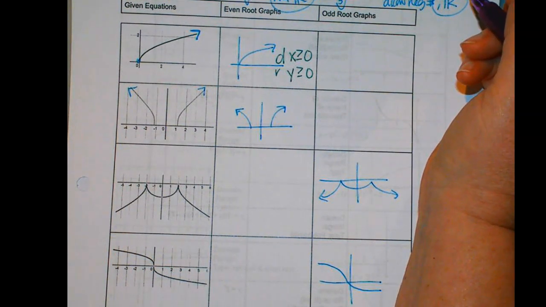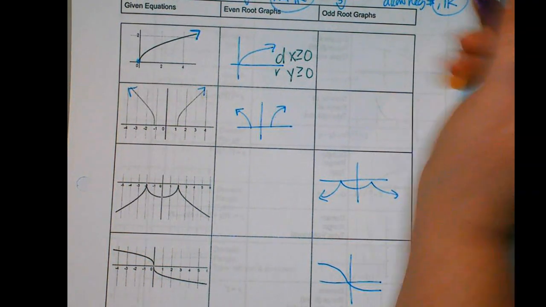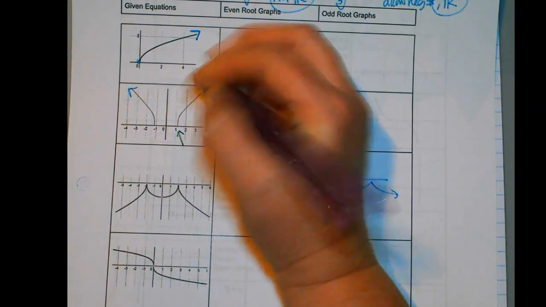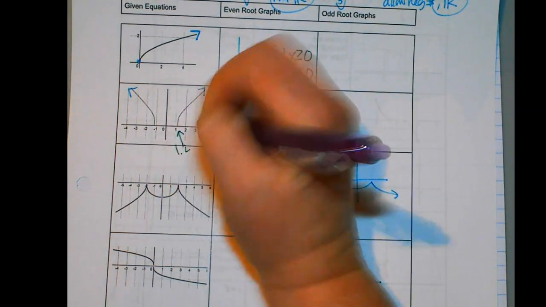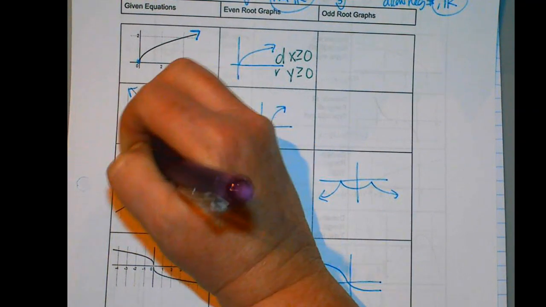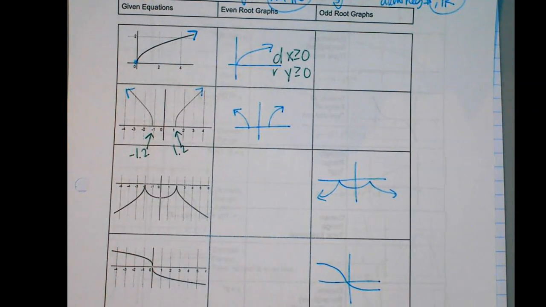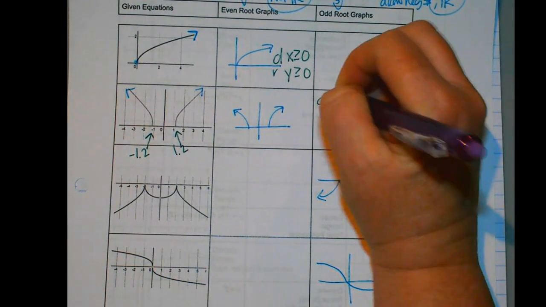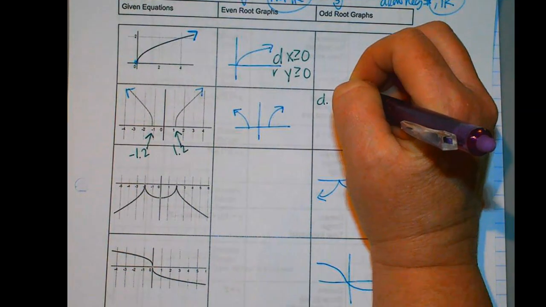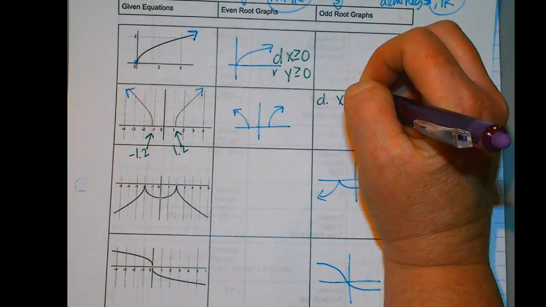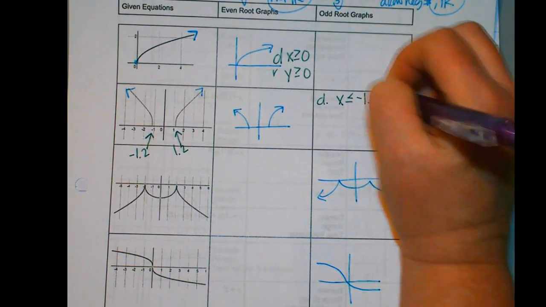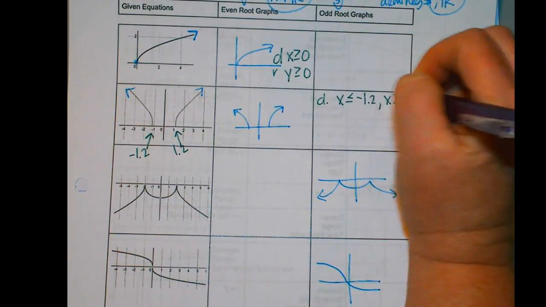The second one, what about that? Let's say that this is, because I can't tell, let's call that 1.2. Let's just decide it's 1.2 and negative 1.2. X less than or equal to negative 1.2, x greater than or equal to 1.2.